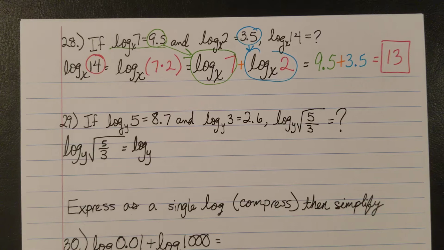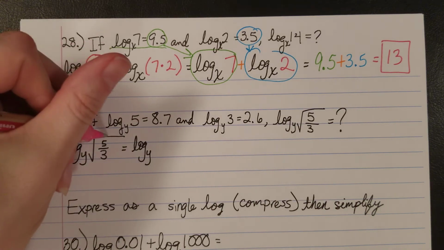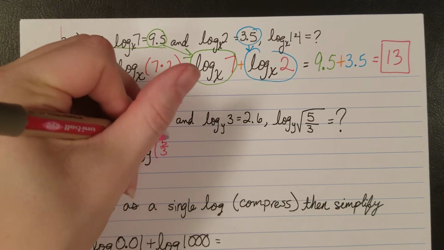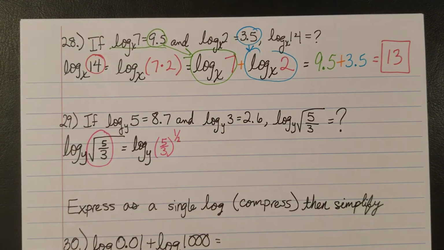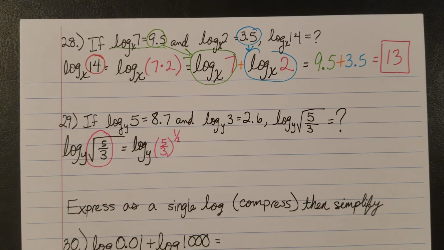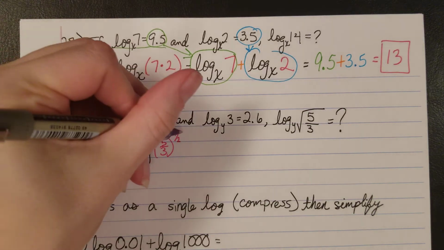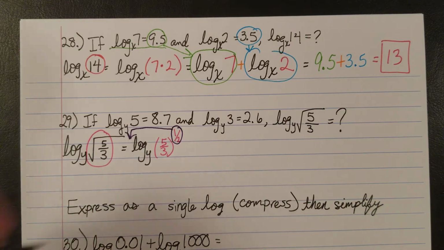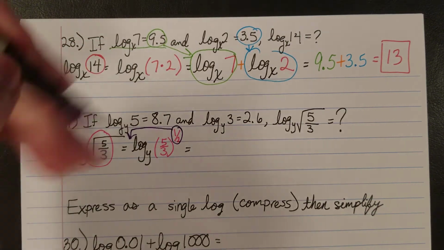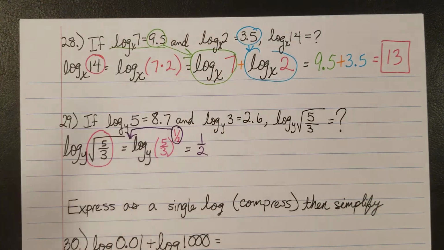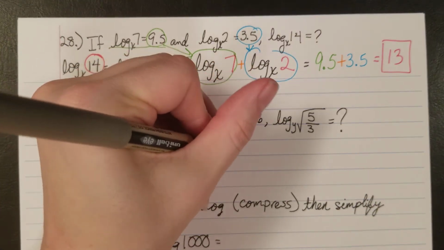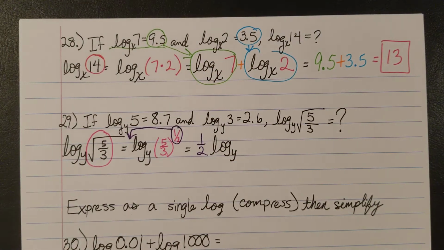So instead of this, we're going to write 5/3 to the power of 1/2. And then let's go ahead and take the 1/2 power and move it to the front. So this will equal 1/2 times log base y of 5/3.